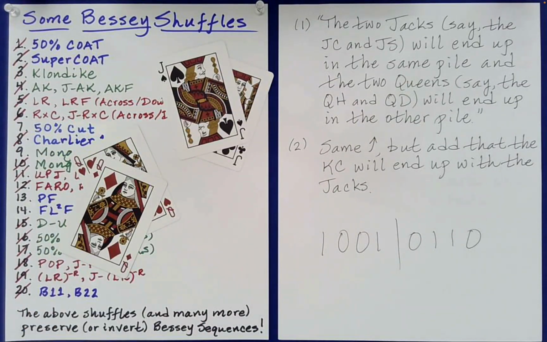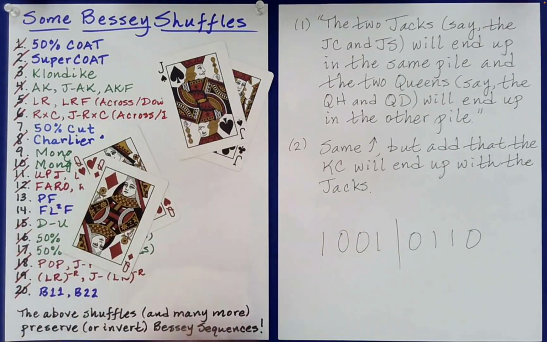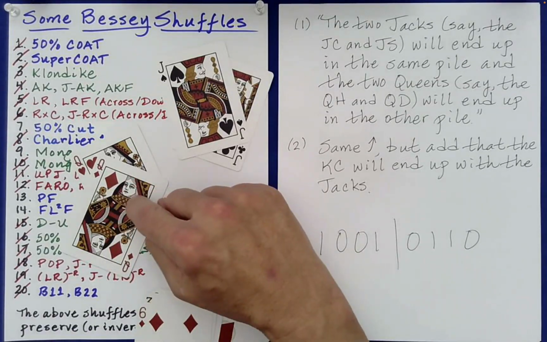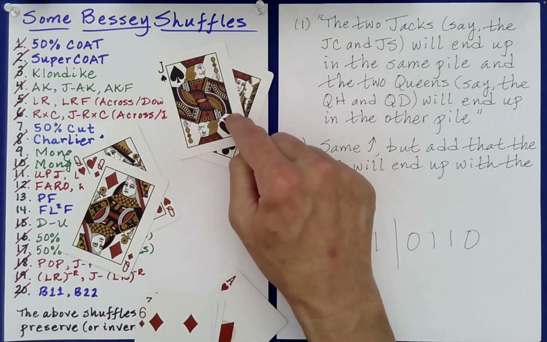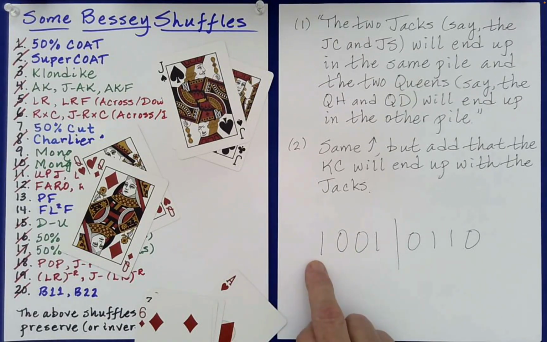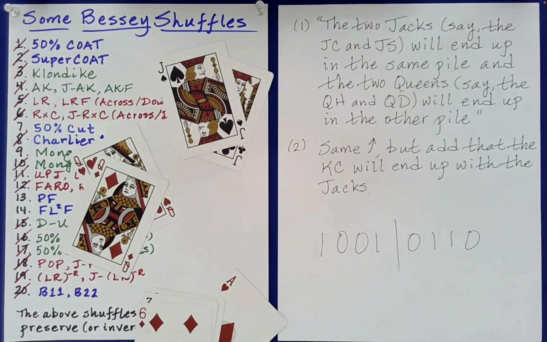Okay, well, the way to do that, of course, is, so we have 2, 4, so we need 4 more cards for this to work. We need 8 altogether. If we're wanting the queens separated from the jacks in the end, we just need to make sure that wherever we put the queens, we put them in positions that have the same value, marked either as a 0 or a 1, and then we put the jacks in the oppositely labeled positions.